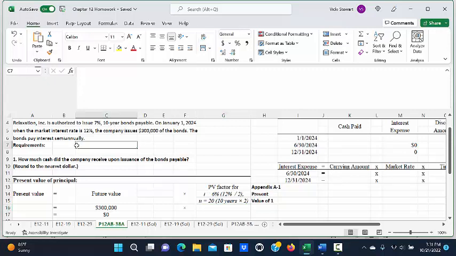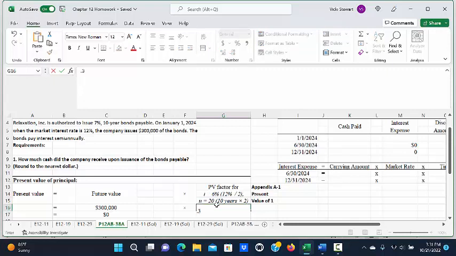However, again, these bonds pay interest semi-annually. So the bondholders are actually going to receive 20 interest payments, 2 per year for 10 years. When you go to the table and you look for the intersection of the interest rate of 6% and the number of periods 20, you will find the present value factor of 0.312.